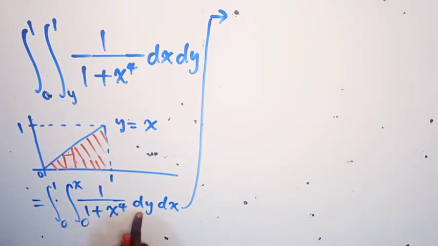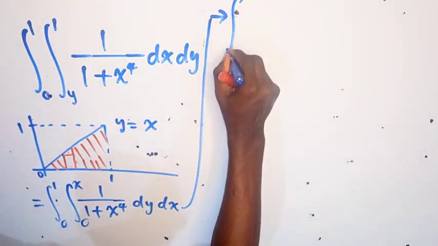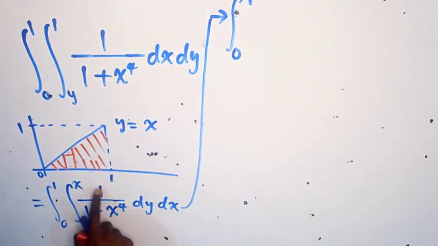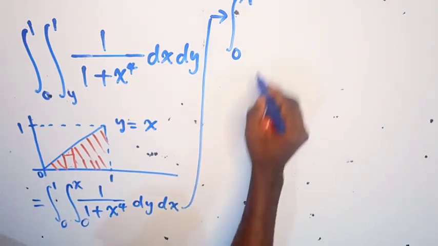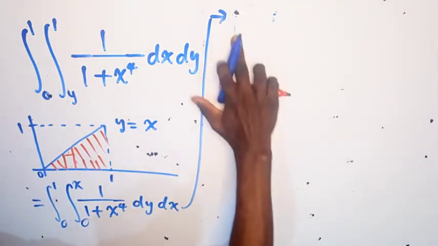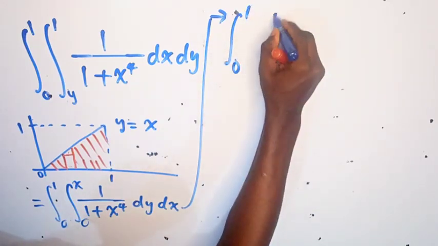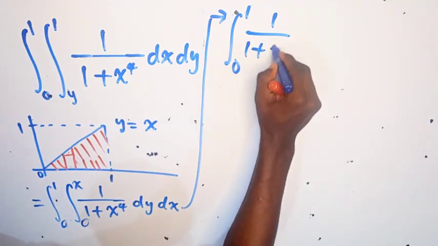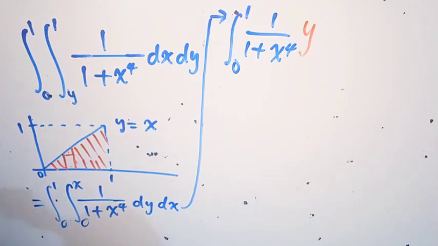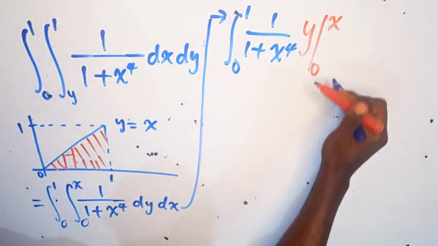So this is the integral from 0 to 1 of 1 over 1 plus x to the power 4, multiplied by y after integrating, and then we evaluate it from 0 to x, and we put the dx over here.